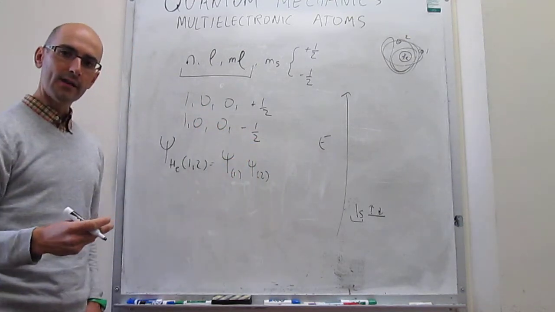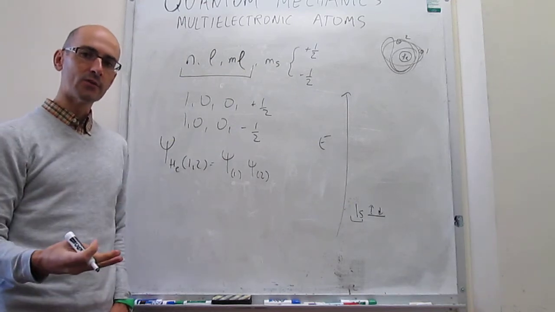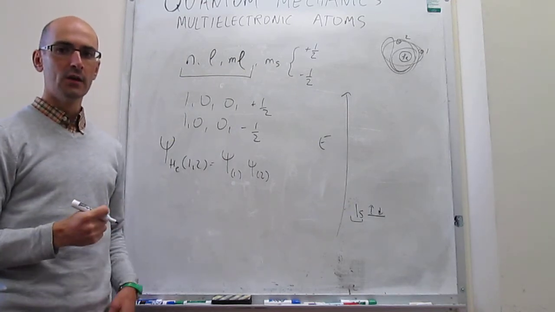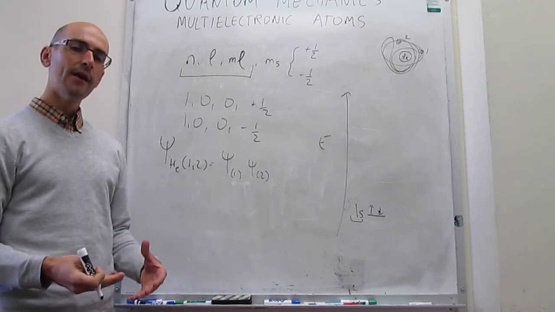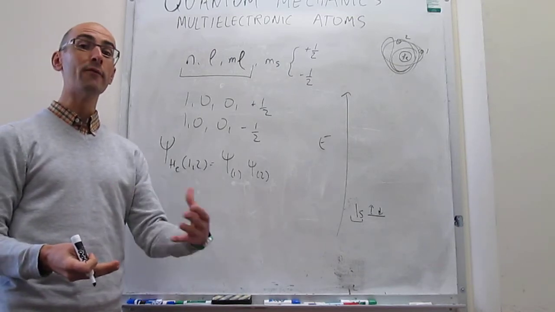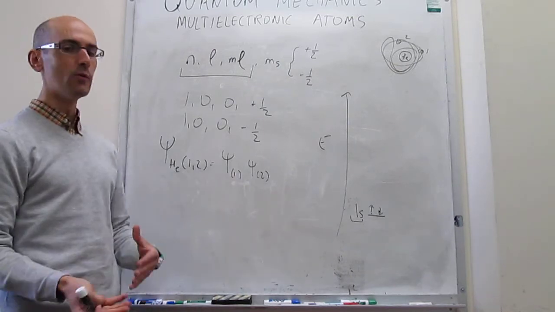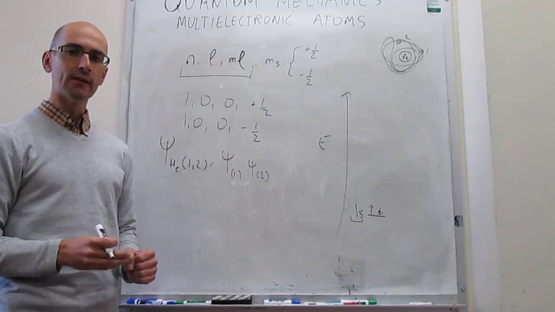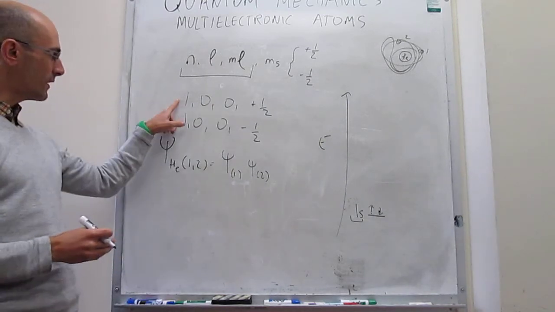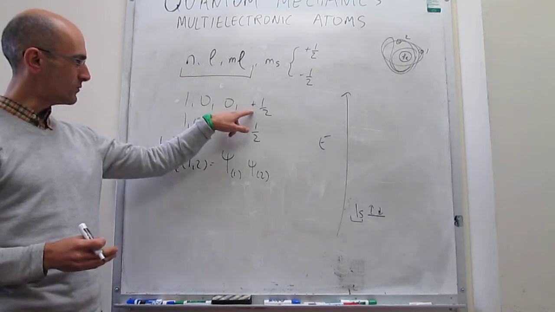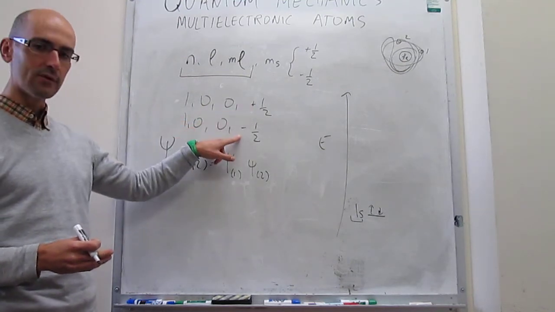Okay? Right, so this is how we describe electronic structure of multi-electronic atoms. You have to look at every single electron and then describe what the wave function of that electron is. Okay? The lowest energy structure in the case of the helium atom is that in which one of the electrons has these quantum numbers, the other electron has these quantum numbers.